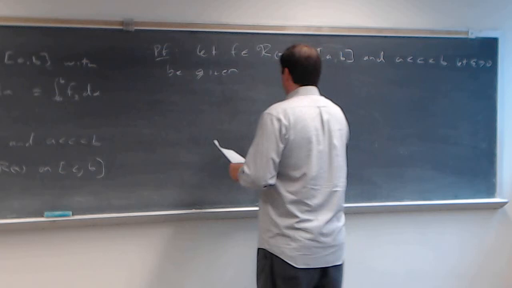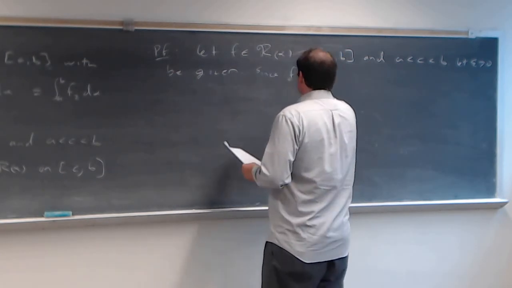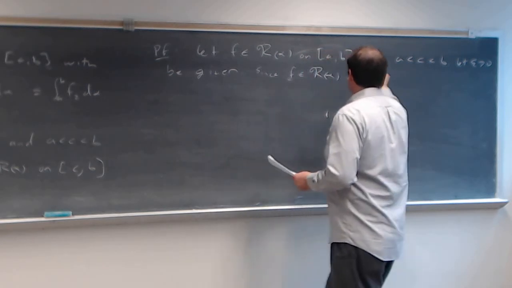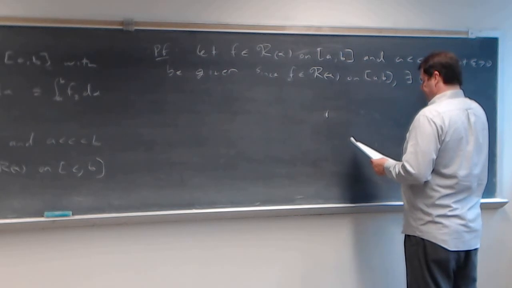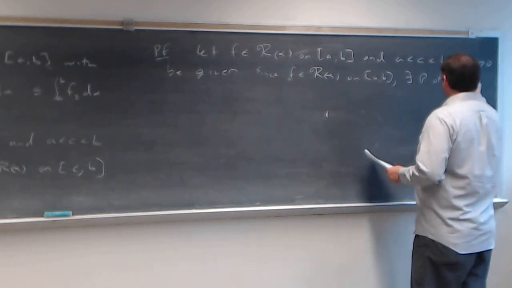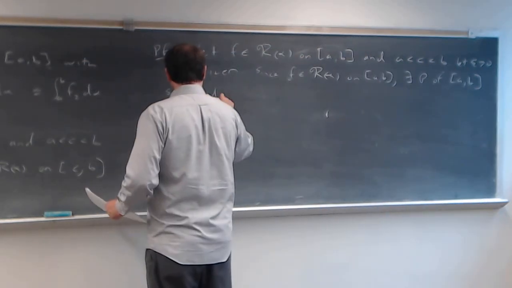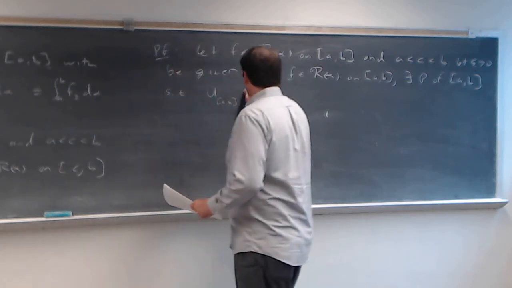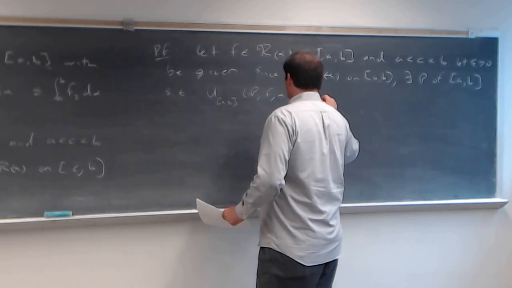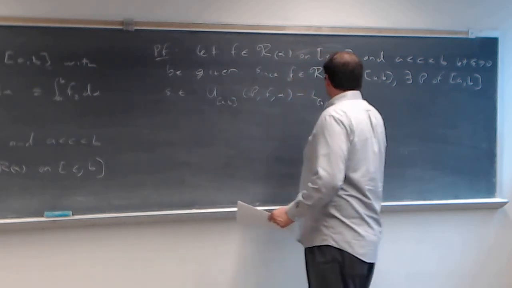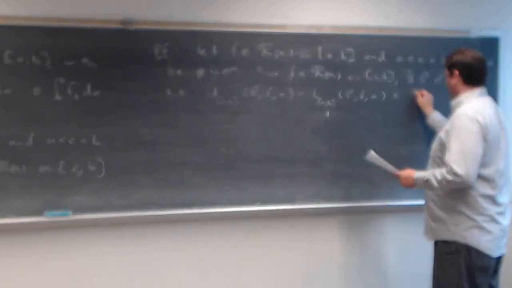Okay, so since f is Riemann-Stieltjes integrable on a to b, there exists a partition, which we call P, of a to b, such that, for notation's sake, the upper sum U(P, f, alpha) minus the lower sum L(P, f, alpha) is less than epsilon.